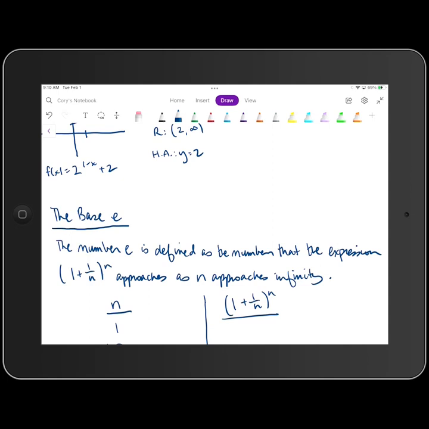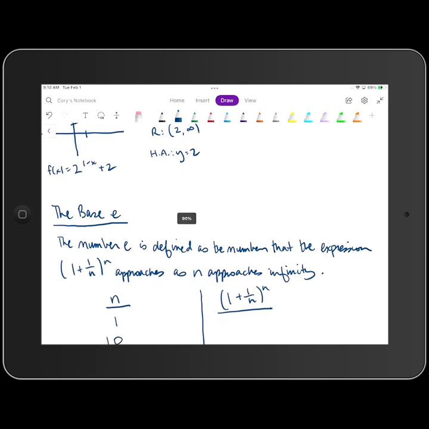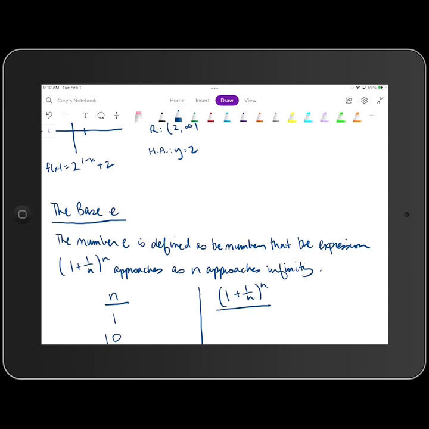So we're going to talk about how we come up with the value of e, and then we'll take a look at graphing exponential functions with base e. Okay, so we say that the number e is defined as the number that the expression 1 plus 1 over n raised to the n power approaches as n approaches infinity.